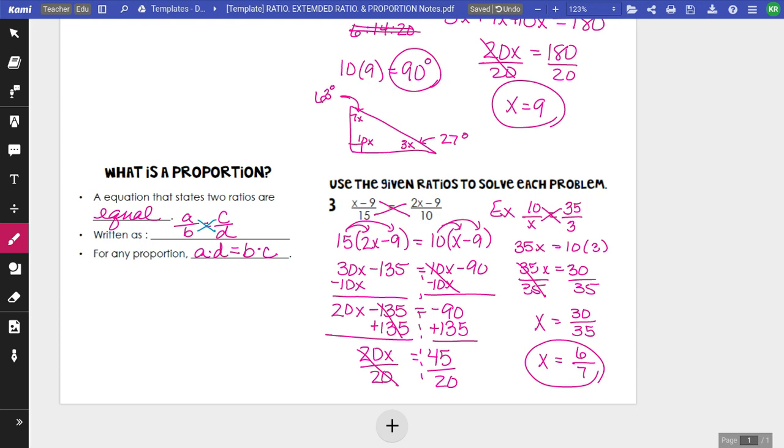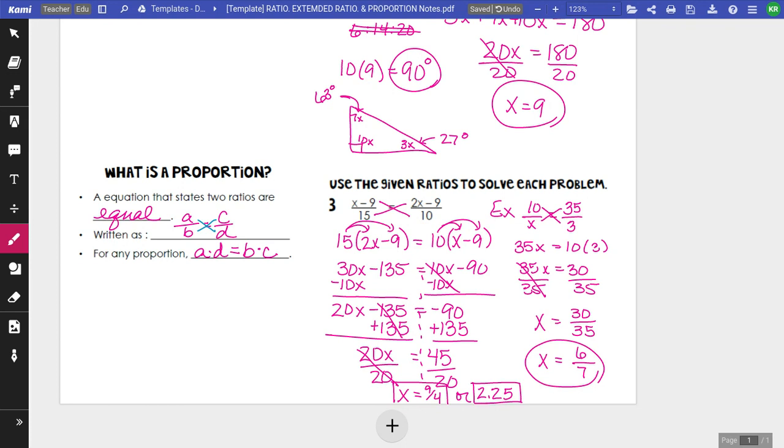That reduces, and you're going to get x equals, this also reduces by 5. So if I take a 5 out, I'm going to get 9/4. Okay, 9/4, or if you divided that, maybe got a decimal answer, that would be 2.25. So either one is fine. You can give that as a decimal answer or as a fraction.